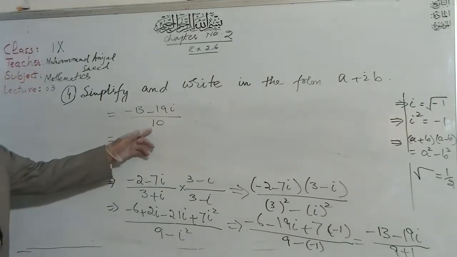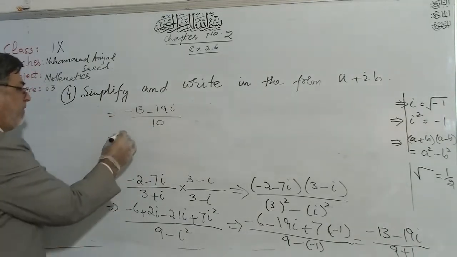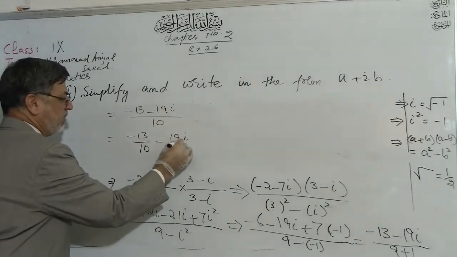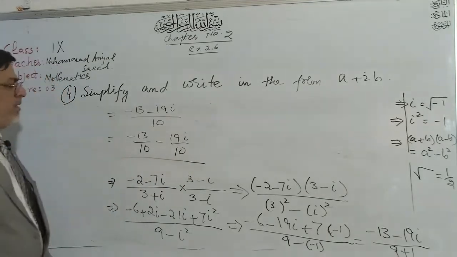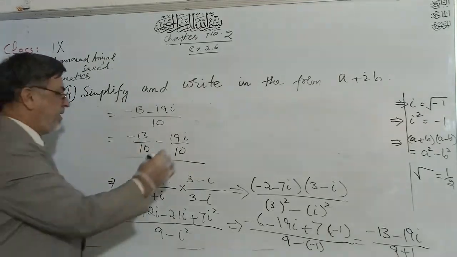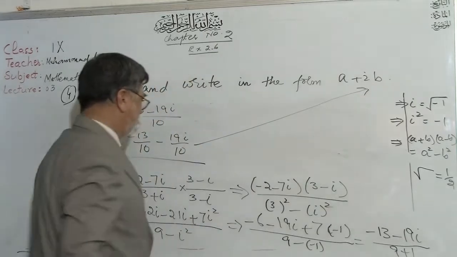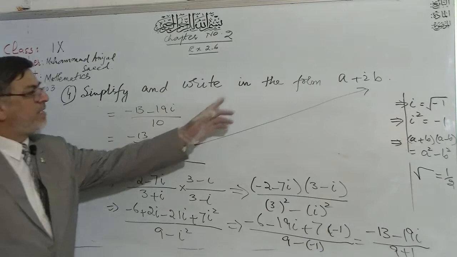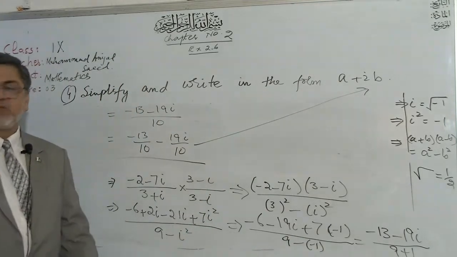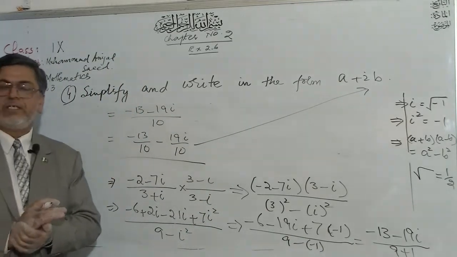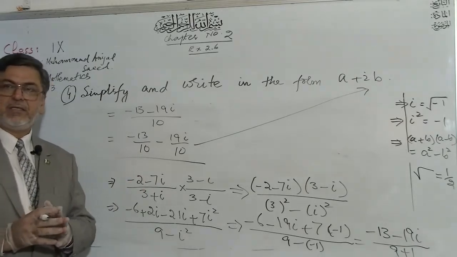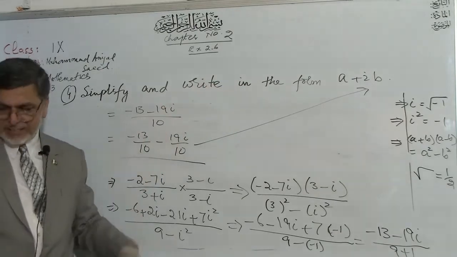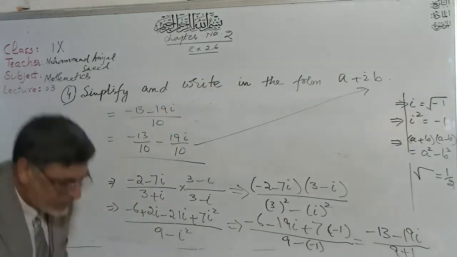Now distribute this 10 to both terms. We have minus 13 over 10 and minus 19 iota over 10. So this is your complex number of the form A plus B iota. This is A, this is B, and that one is iota. So we have written the two complex numbers which were divided as a single complex number with real and imaginary parts. Hopefully you got the idea.